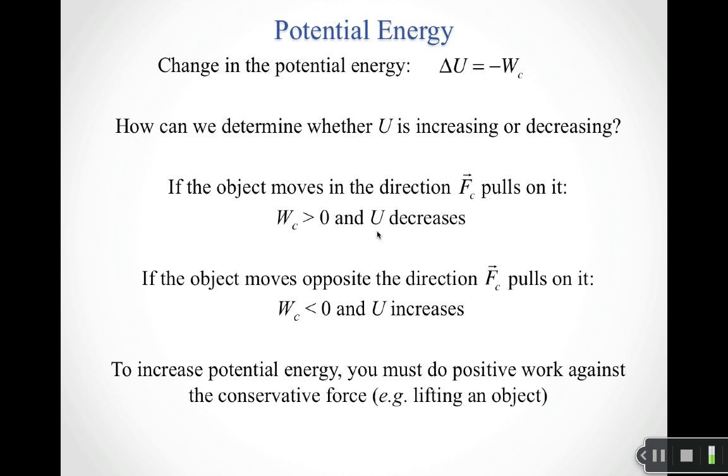To increase the potential energy, you have to do positive work against the conservative force. In lifting an object up, you do positive work to lift the object up. Gravity does negative work under that circumstance. The negative work done by the gravitational force is what's being stored as our potential energy.